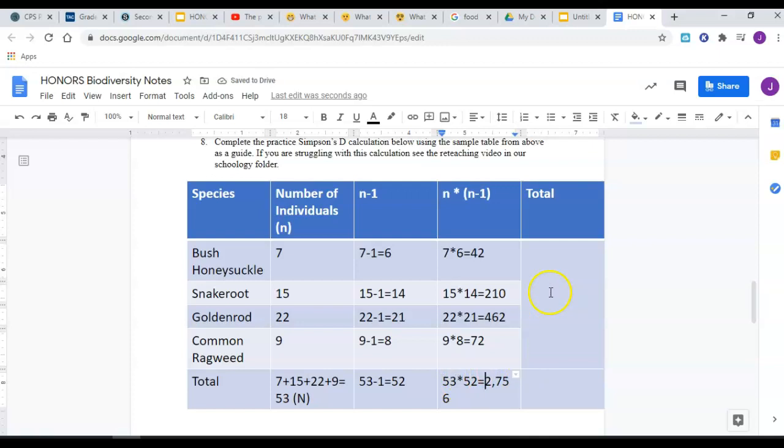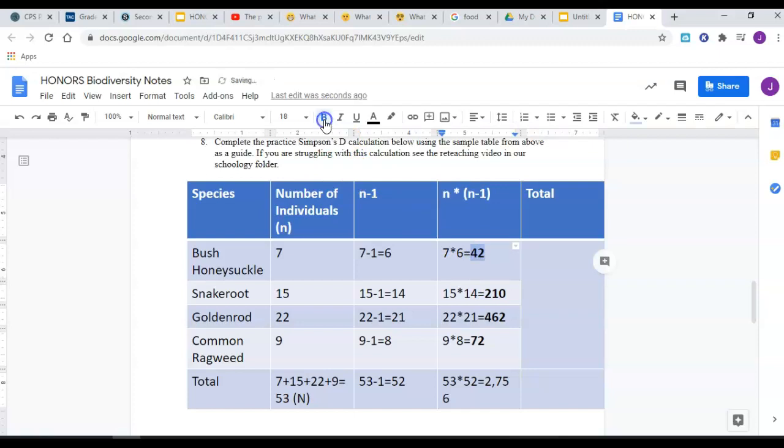Now over here, the last column is your total column. And this is a time when you do want to add your last lowercase n's, not this total down here. So this is also tricky. We're going to add 72, 462, 210, and 42.